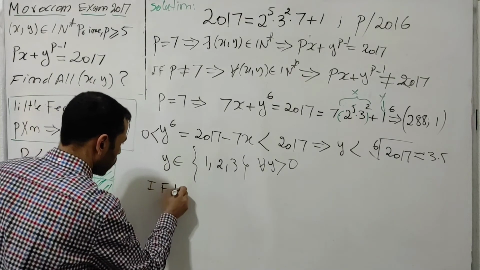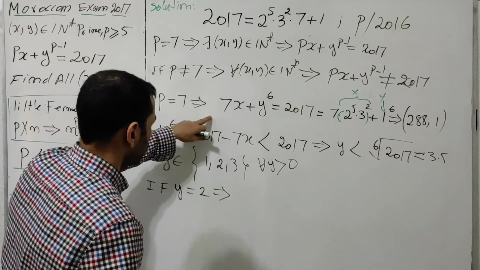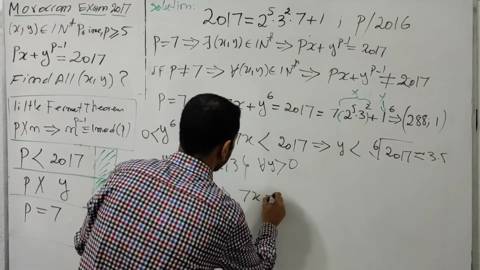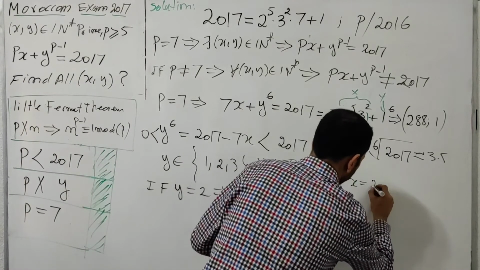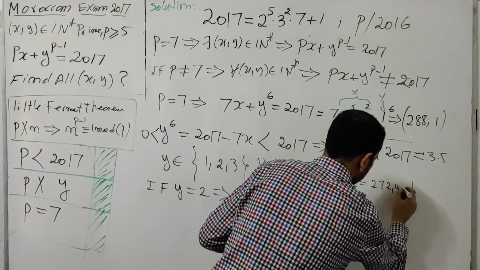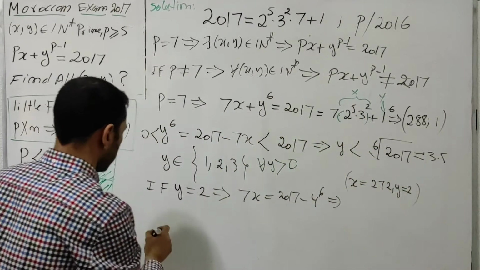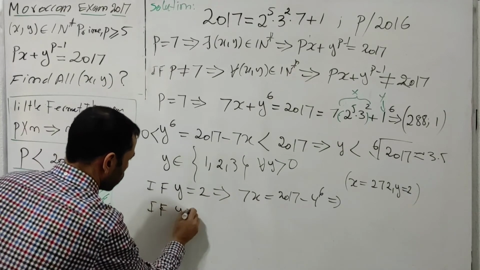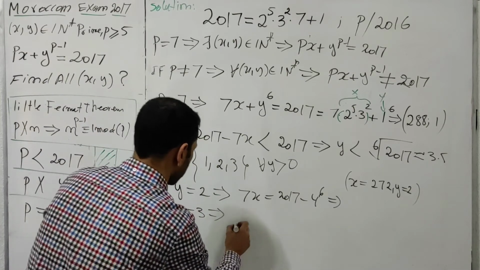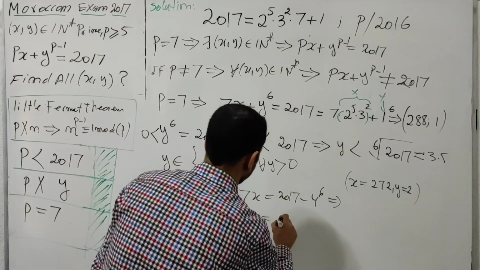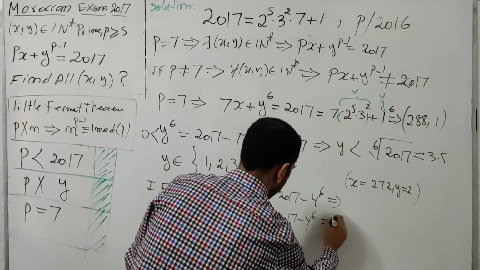If we have y equals 2, you will find 7x equals 2017 minus 2^6, which gives x equals 272 as a solution, and y equals 2. If y equals 3, I'm going to replace y: we'll have 7x equals 2017 minus y^6.